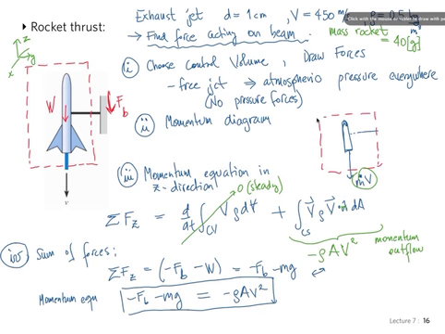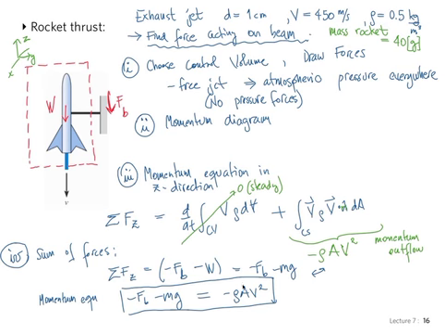Where shall I do that? Let me maybe do it here, in green. We can get now that the force FB, the force at the beam, is equal to rho A v squared minus mg.